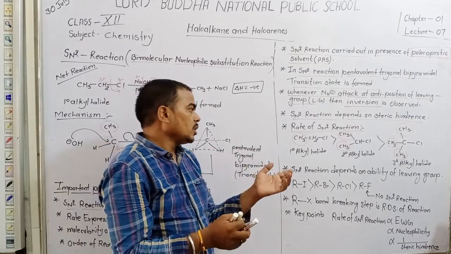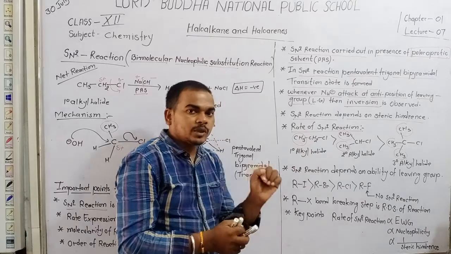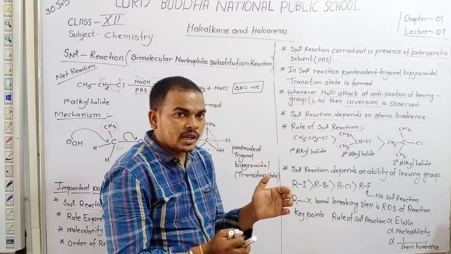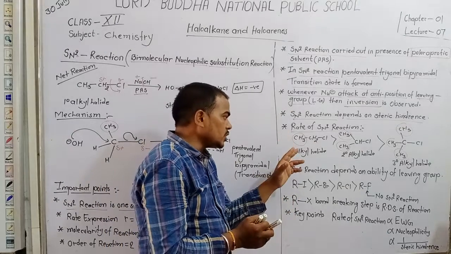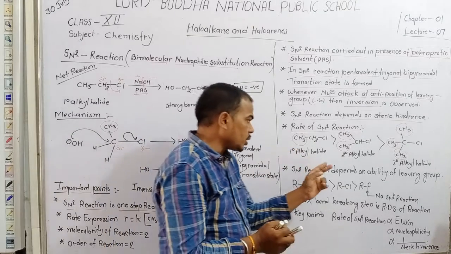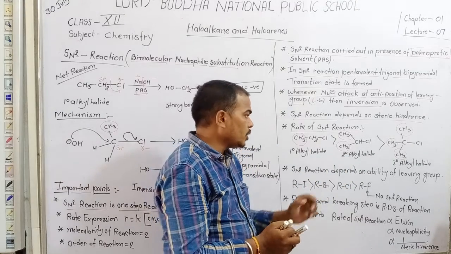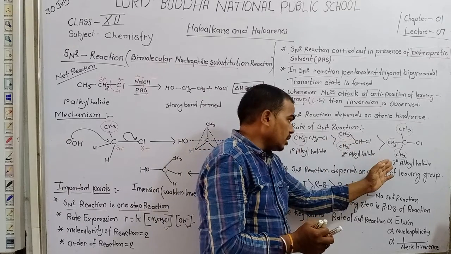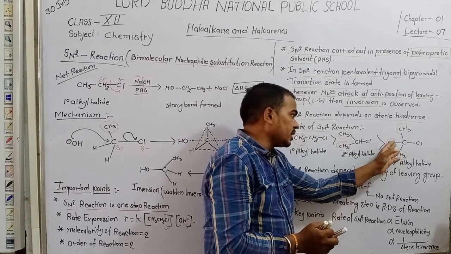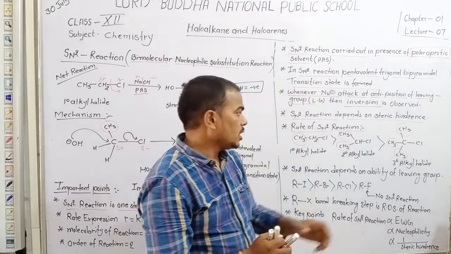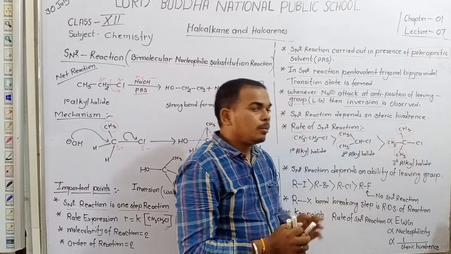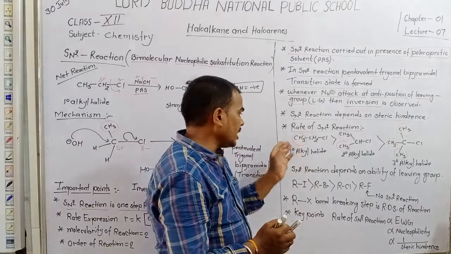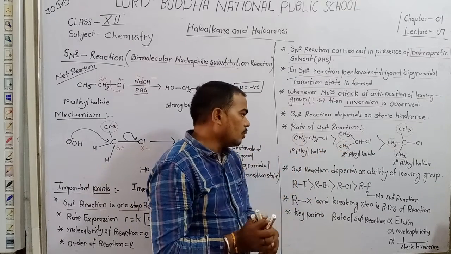So we say that a 1 degree alkyl halide, which has a single alkyl group, is more favorable for SN2 reaction and gives SN2 fast as compared to a 2 degree alkyl halide, which contains 2 alkyl groups, and a 3 degree alkyl halide, which contains 3 alkyl groups. Here the 3 degree alkyl halide has the most steric hindrance, the 2 degree less, and very little steric hindrance is seen in the 1 degree alkyl halide.